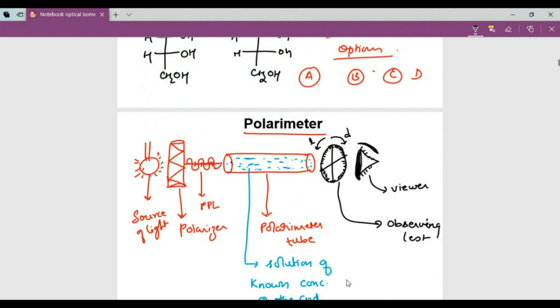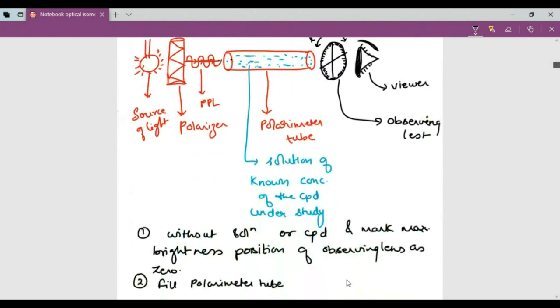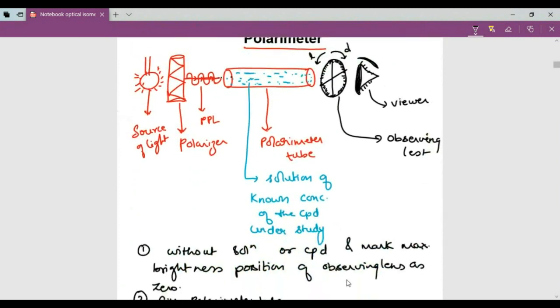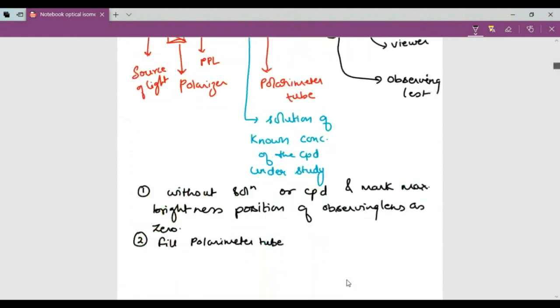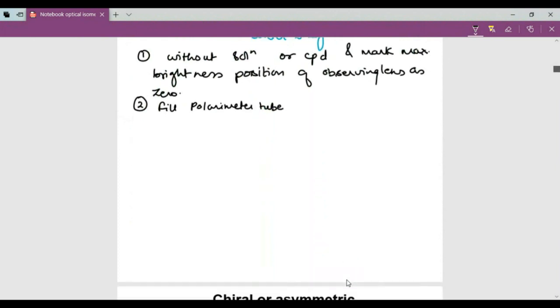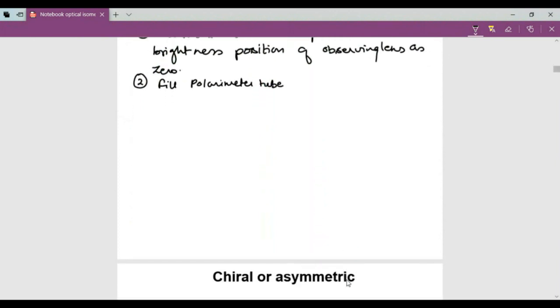It is rotating the light in the anti-clockwise direction. Usually we say that the compound rotates the light clockwise or anti-clockwise, but with what reference? That reference is always with respect to the viewer.